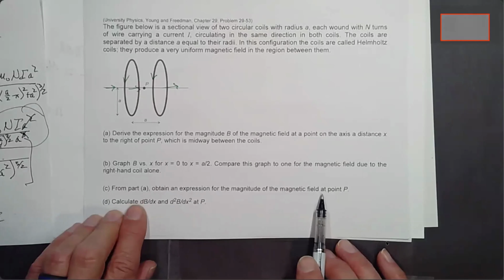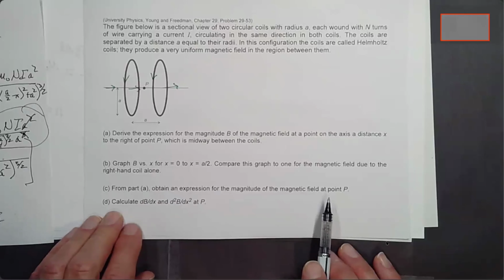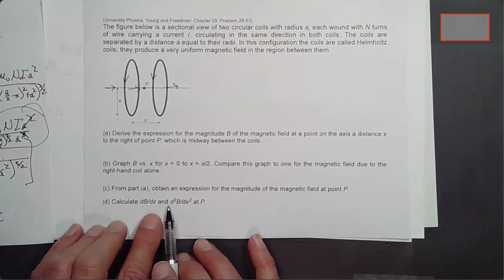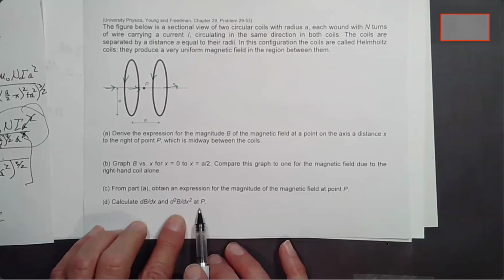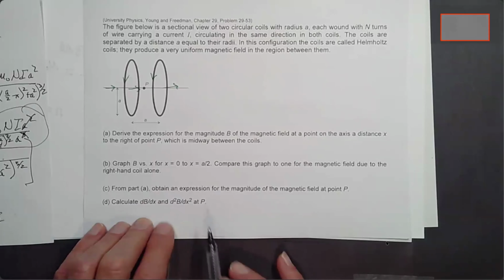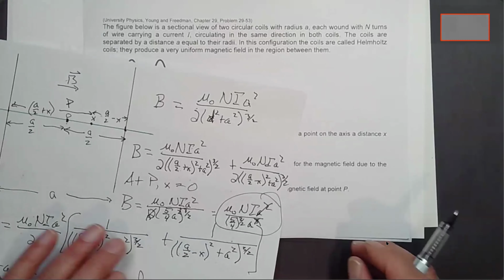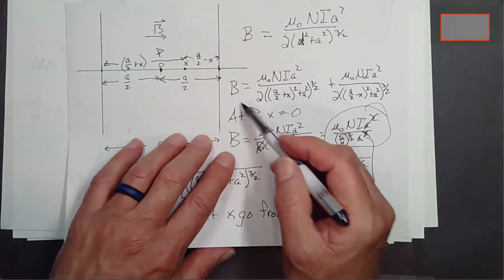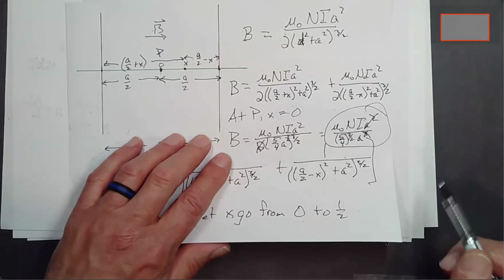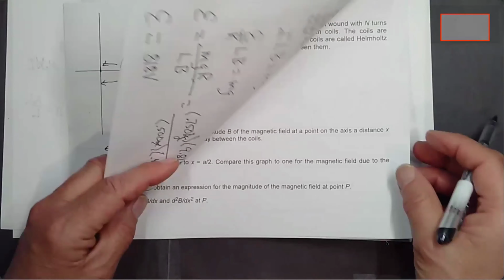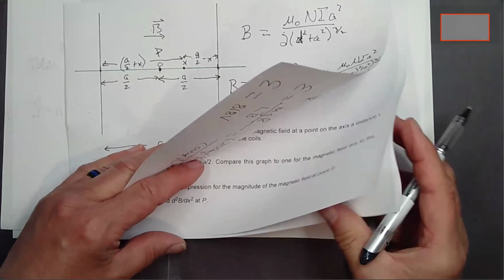We got an expression for the magnetic field at point P. But then they ask, calculate dB dx and d squared B dx squared at point P. Well, I'm going to have to come back to this expression to be able to do that. And so let's go ahead and do that.